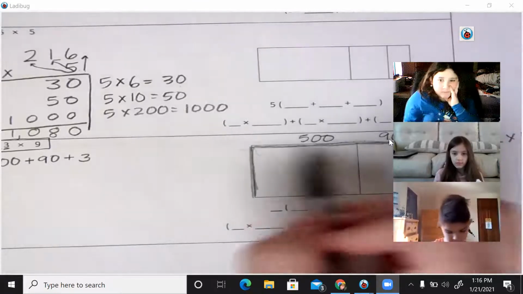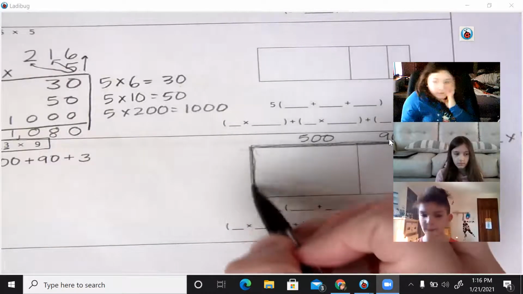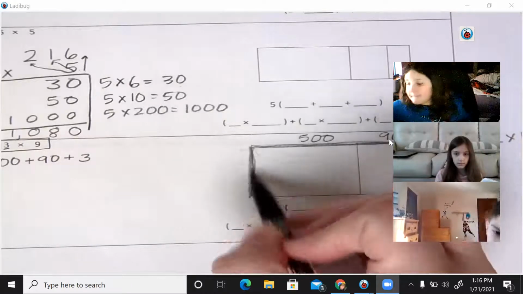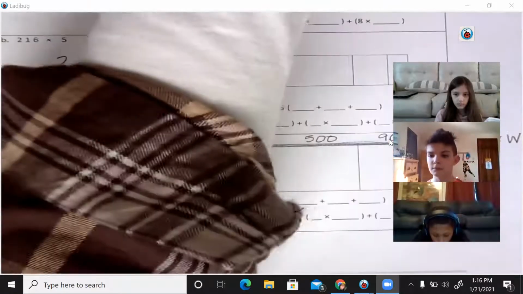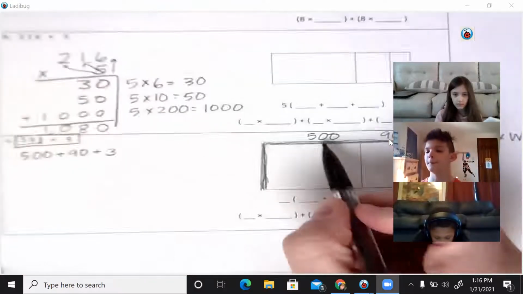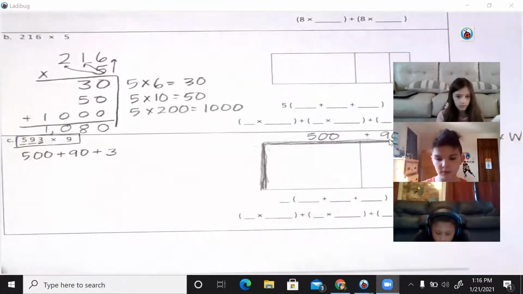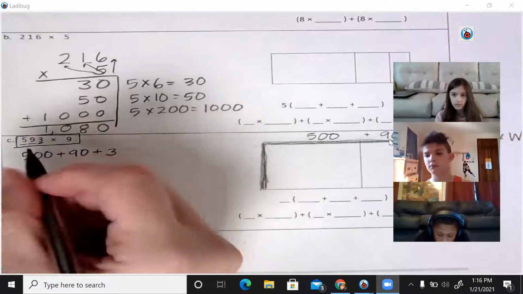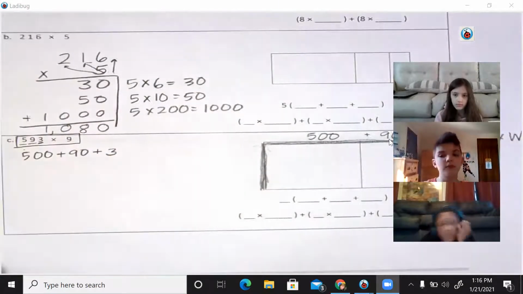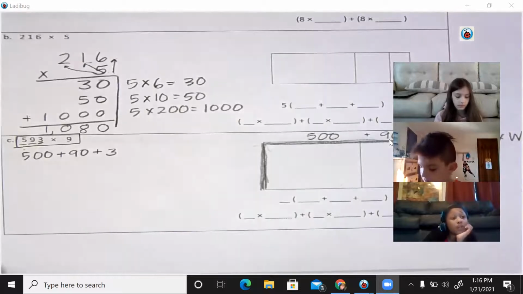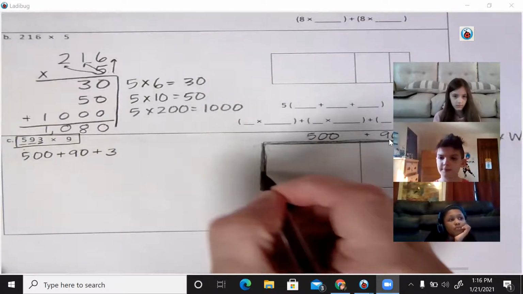So here's my length, I'm missing my what? You're missing your width. No, I have my length. My length is 500 plus 90 plus 3. You're missing your width. Okay, so look back, Zoe, at this original problem. What is the measurement, or what's the number that we're going to label the width with?